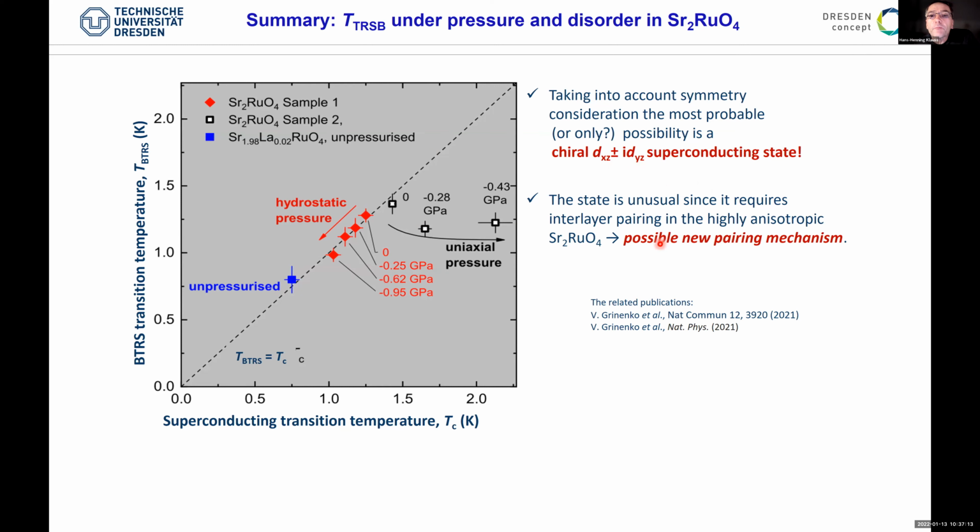However, there are some new models which do not do the coupling superconducting interaction in Fourier space, in k space, but in real space, in some local models of the orbitals. And then there's some more flexibility, and these studies can actually be consistent with this dxz plus minus i dyz as a realistic model.